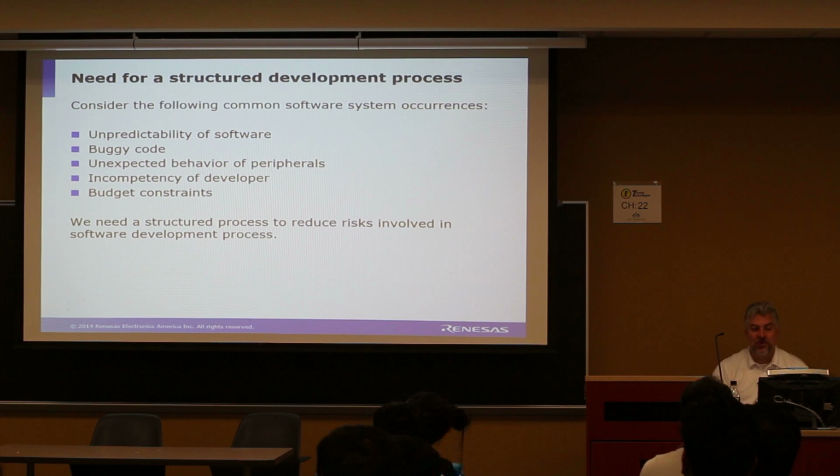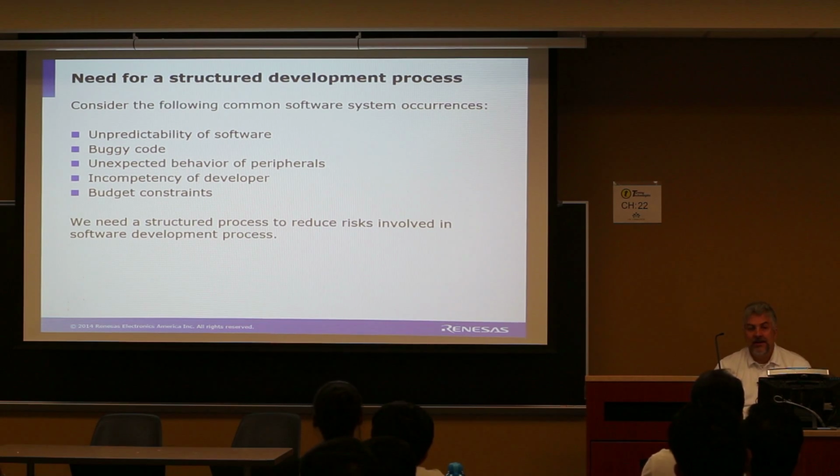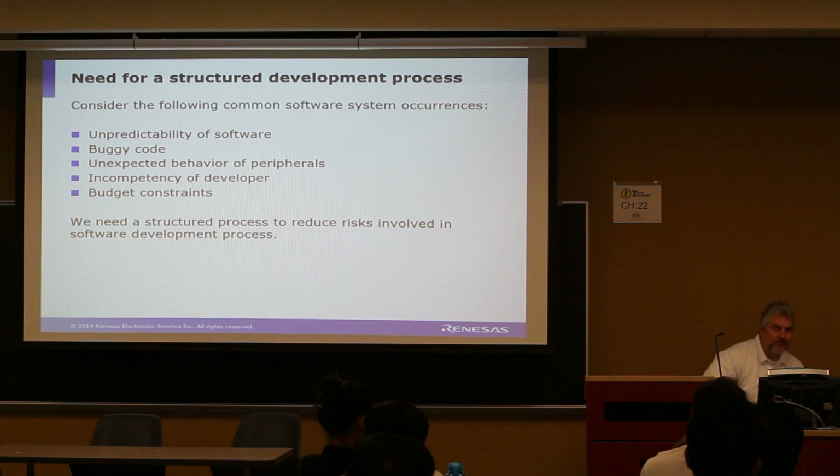Why do you need to do it? Well, consider this. Software, all software will have bugs in it. I don't know why, but that's just the set of nature. A good example, our university has now moved everything off to Gmail, right?